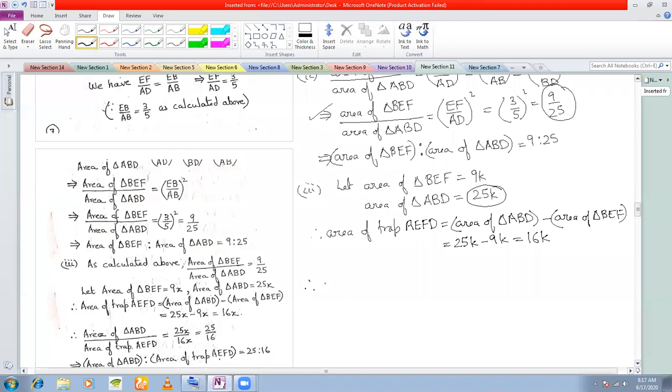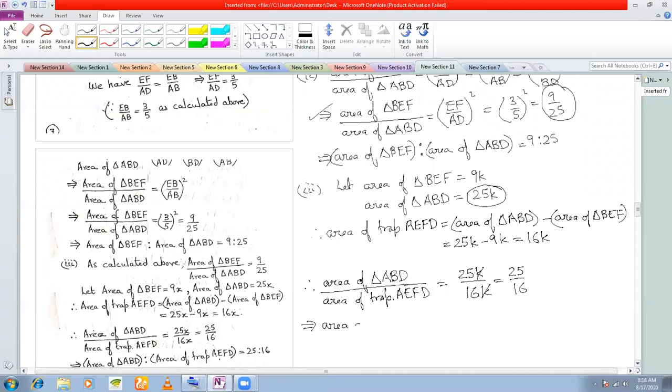So therefore, what is the ratio of the areas? Area of triangle ABD is to area of trapezium AEFD is equal to 25k by 16k. K cancels, you get 25 by 16. So what is the ratio of the areas?